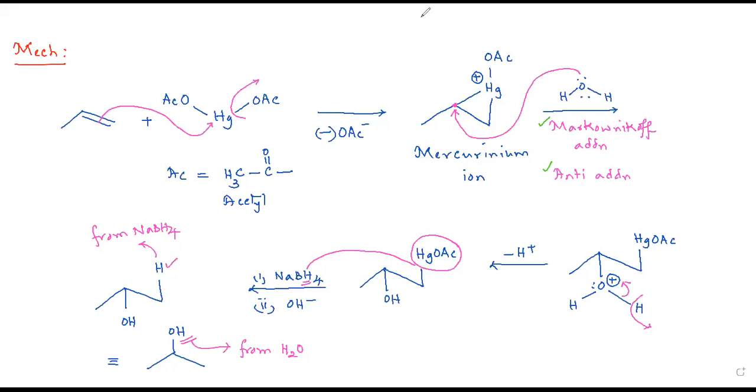And overall, the thing to be noted is here you got Markovnikov addition and anti, no rearrangement. So that is very important. With acid catalyzed, it is M plus R. That means Markovnikov plus a rearrangement. No syn and anti in that case.